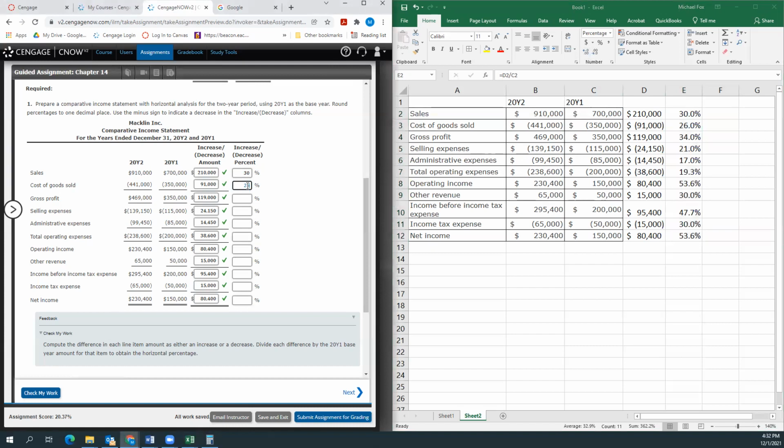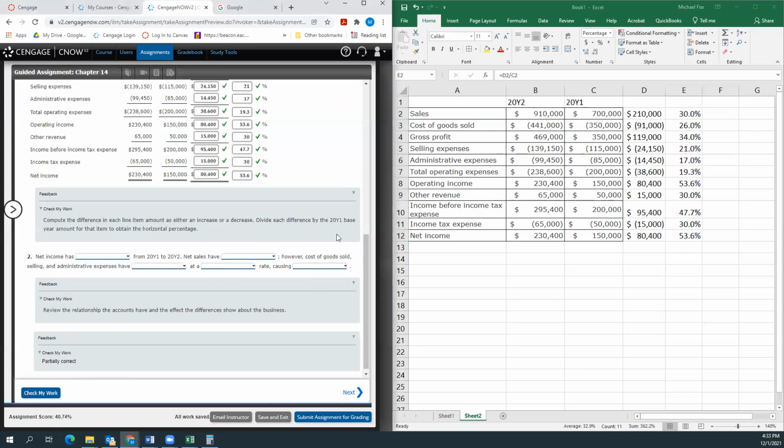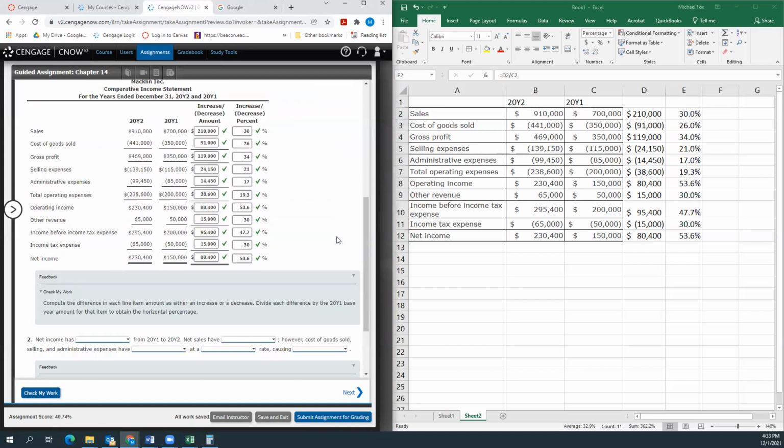So 26%, 34%. And there should be our percent increases.